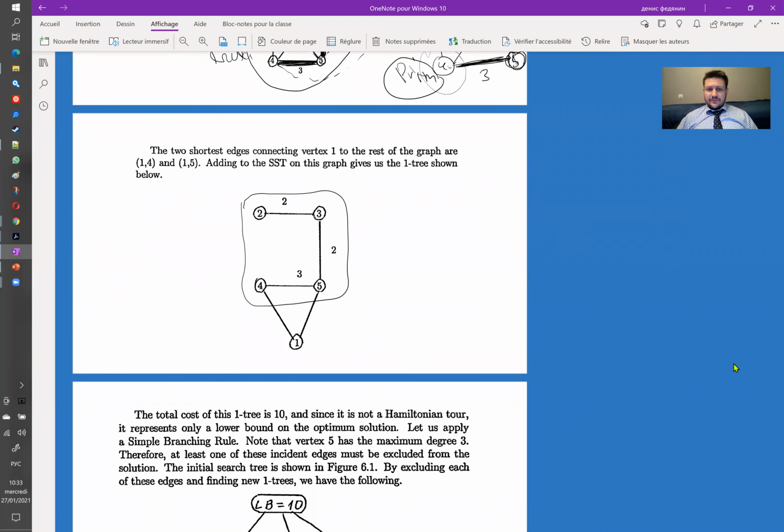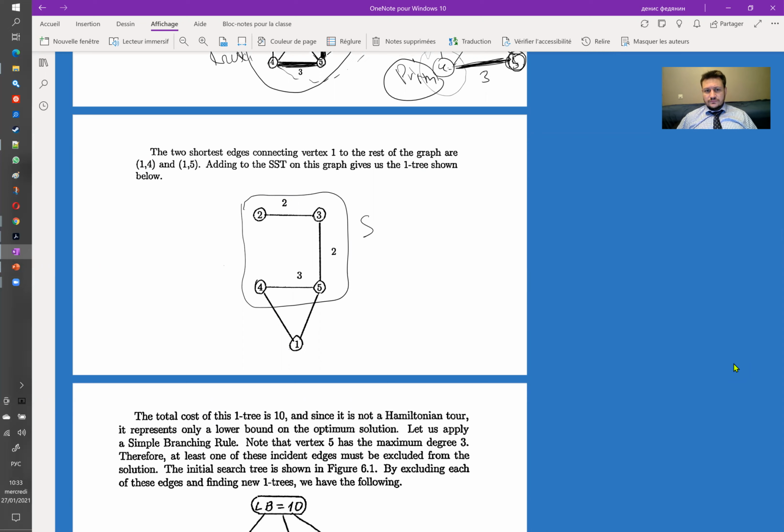Okay, now when we have an SST here, I remind you that it's the shortest spanning tree. Here we can add 1. I can emphasize that we have solved a problem that is smaller, and we did not even solve it exactly. We used some kind of estimation.